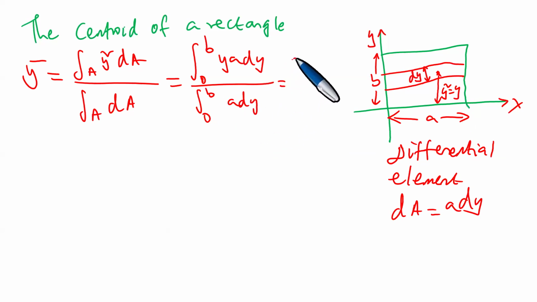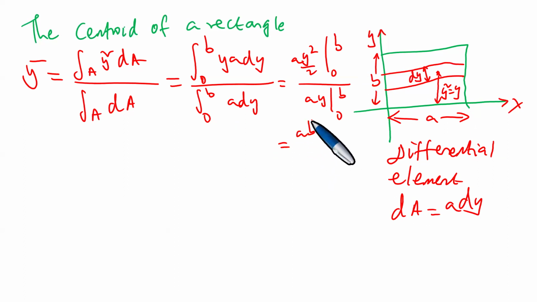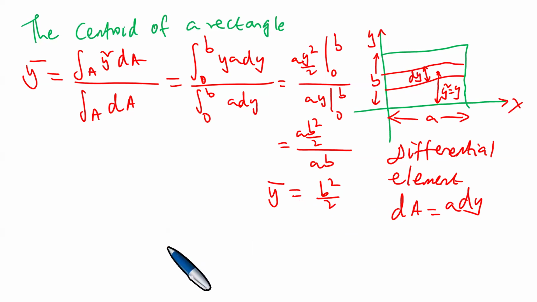With respect to y, it is a y squared over 2 from 0 to b, divided by the integral of a dy, which is a y from 0 to b. That gives a b squared over 2, divided by ab. The a cancels out and the b cancels out, giving b over 2, and this is y bar, which is just b over 2.